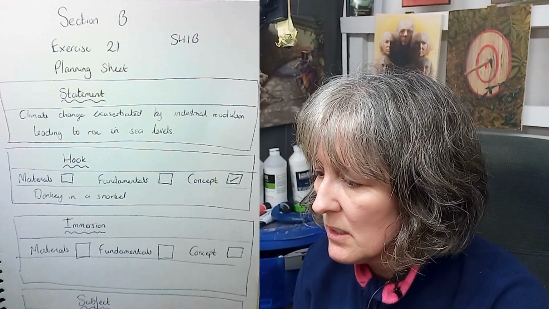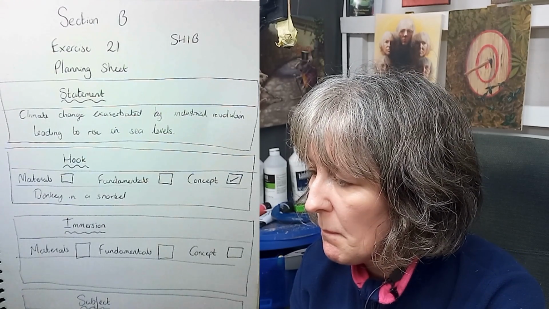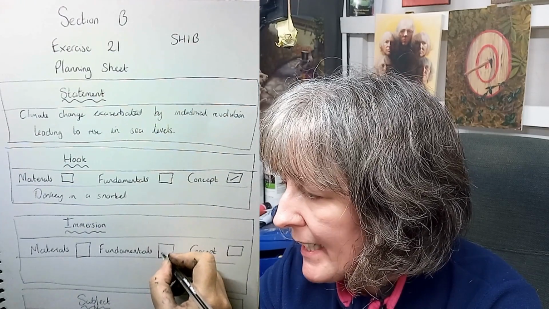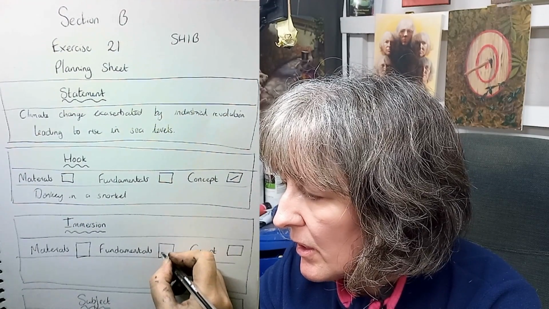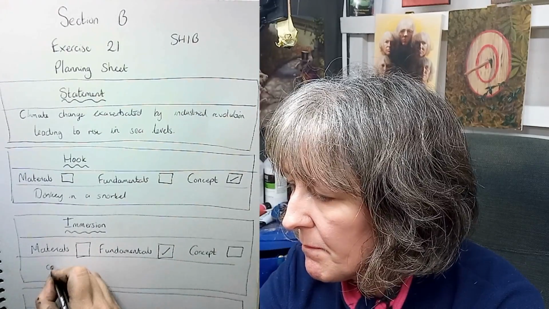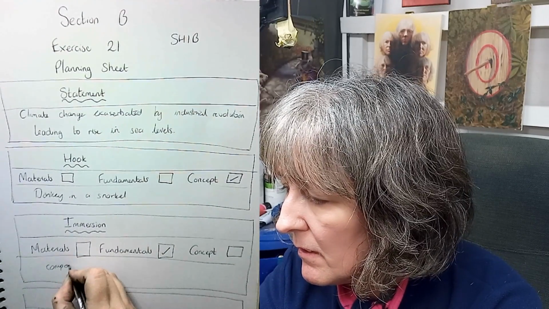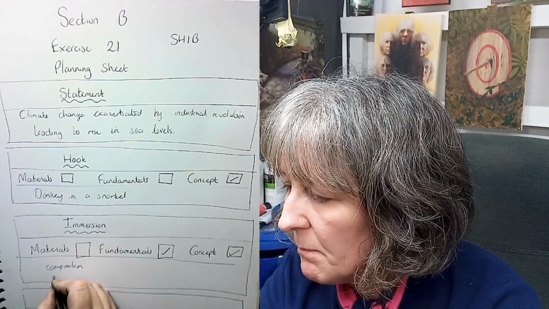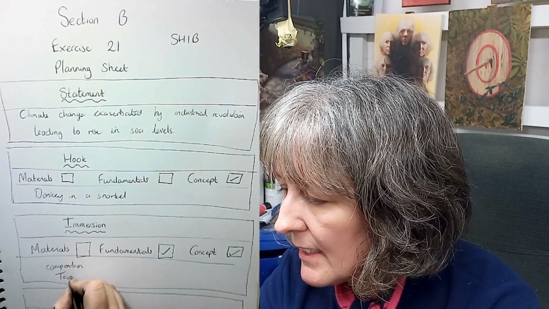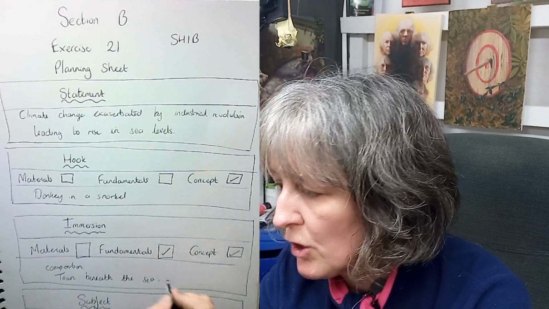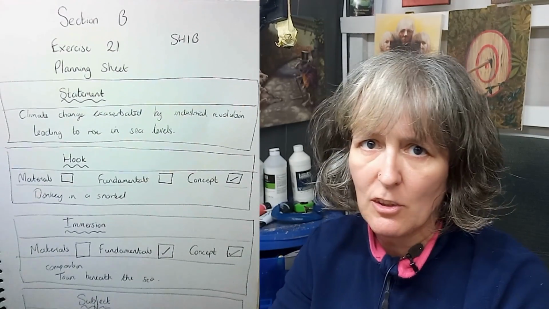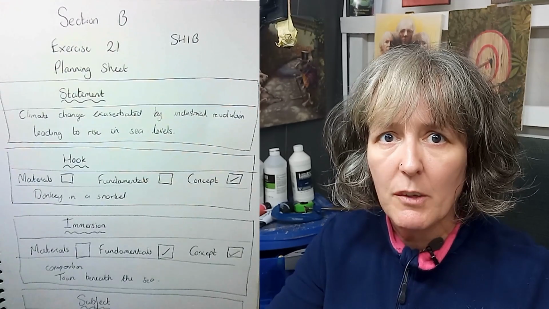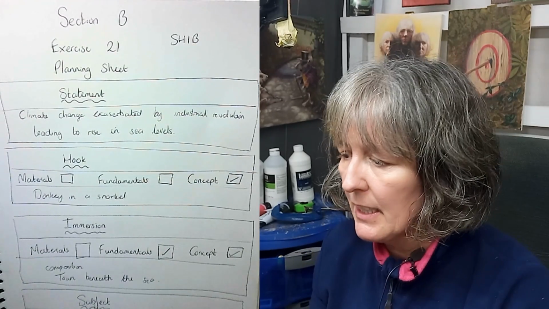The immersion is also going to be the fundamentals of composition and the concept of town beneath the sea. So once you actually see past the donkey in a snorkel, then you will see that there is actually a town, a recognisable town with Blackpool Tower in there and stuff.